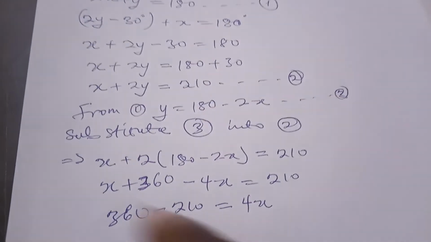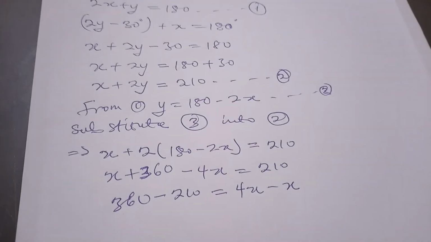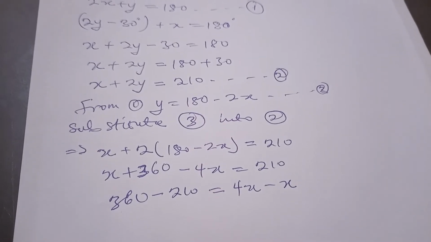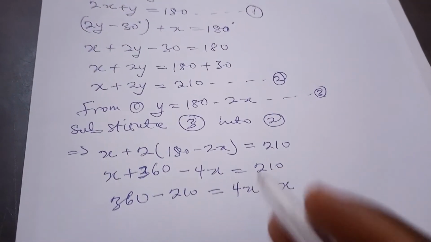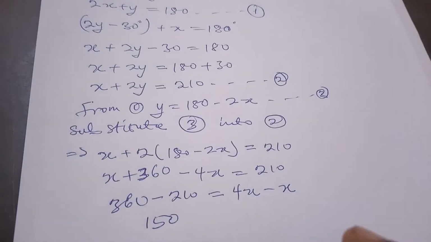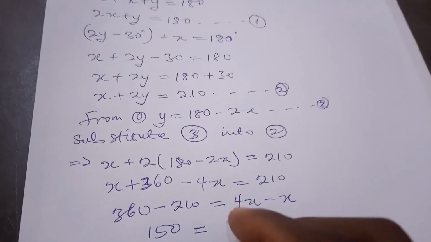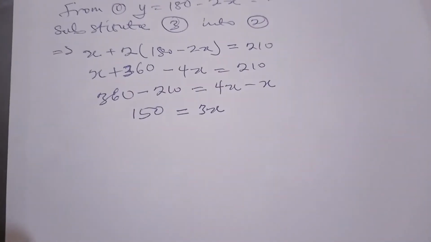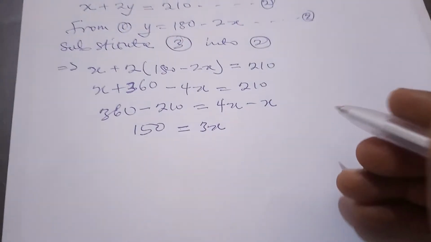It becomes positive. Then minus x becomes negative. So 360 minus 210 is 150. And that will be equal to 4x minus x, which is 3x. We are looking for the value of x and not 3x. So we divide through by the coefficient of x, which is 3.